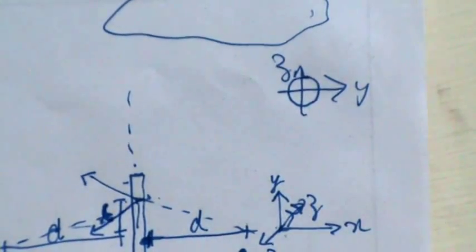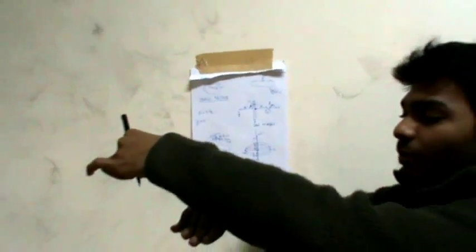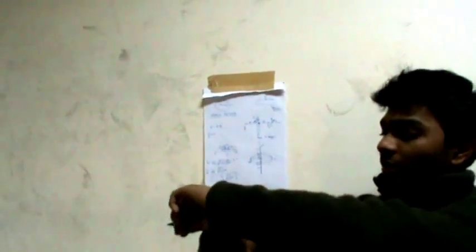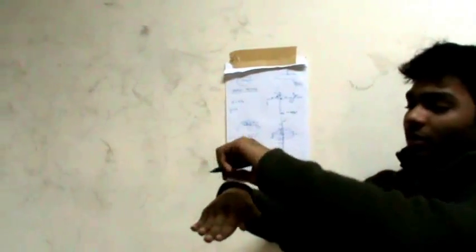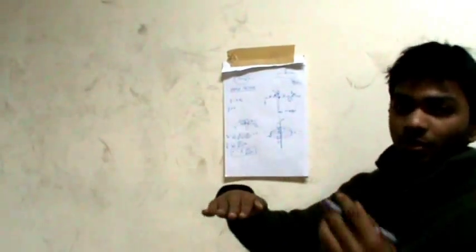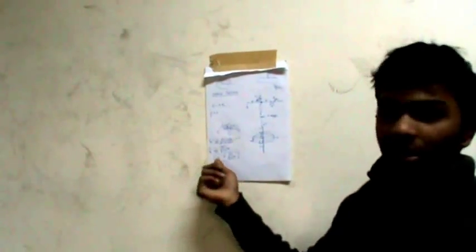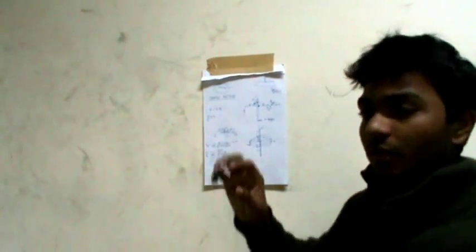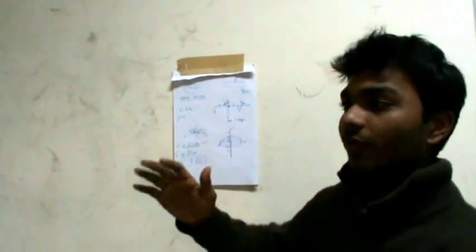Because if this is your conducting plane, my hand, and you have a charge here, the distance of any point on the yz plane which has the same radius from origin, if this is a circle of the same radius, then for every point on the circle, the distance between any point on the circle and your charge plus q will be the same. So the sigma will be radially symmetric along any circle of radius r. At any circle of radius r, your sigma will be the same. Only if you change your r, sigma will change.